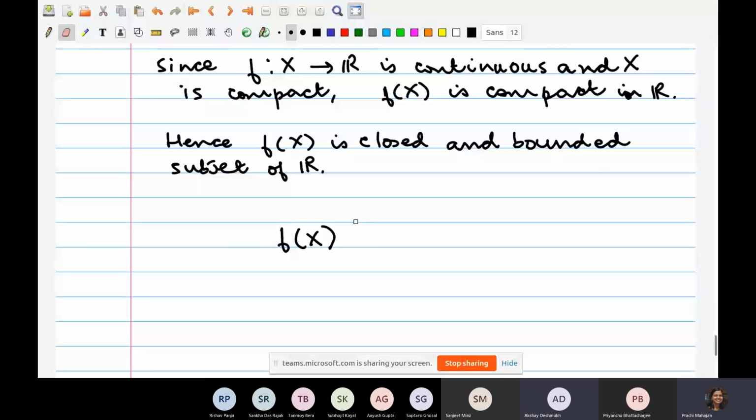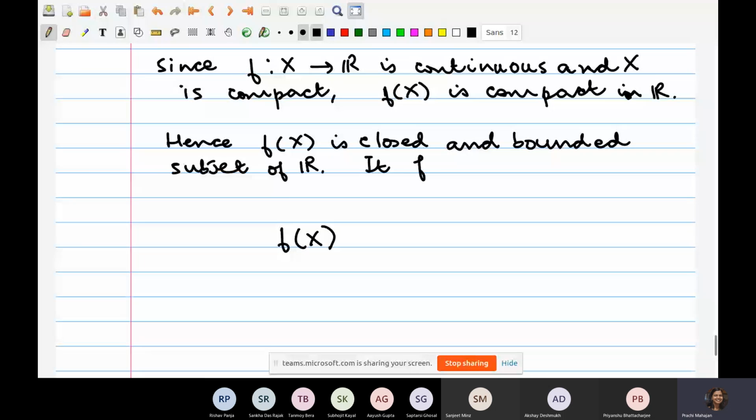Yes, ma'am. So I'm going to note that down. That's the first observation. Even before I say that the supremum and infimum are realized, the first claim is that they exist. For that, you need the fact that f(X) is bounded.